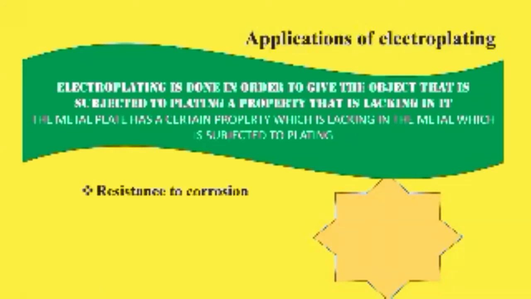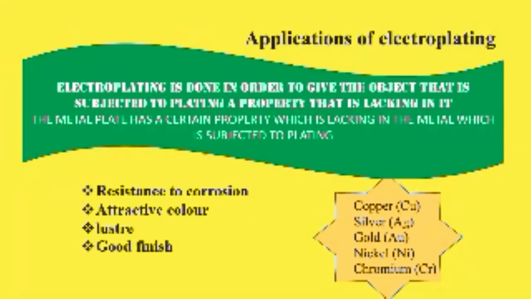So here are the desirable qualities that can be obtained by electroplating. Resistance to corrosion, attractive color, luster or shine, and good finish. And here are the metals that can be used for the process of electroplating. Copper, silver, gold, nickel, and chromium.